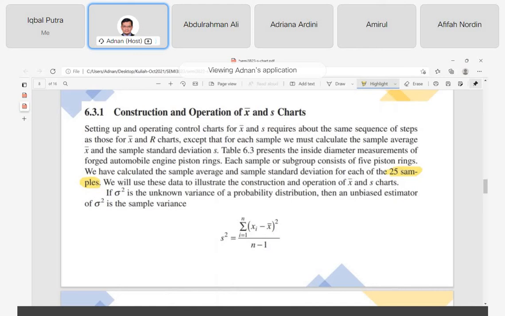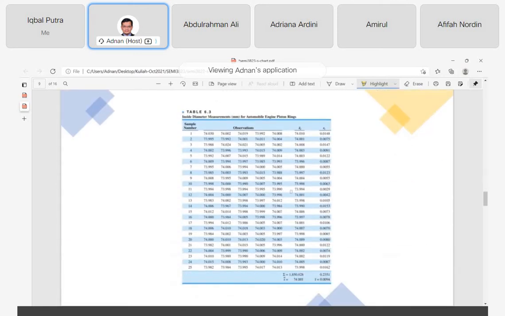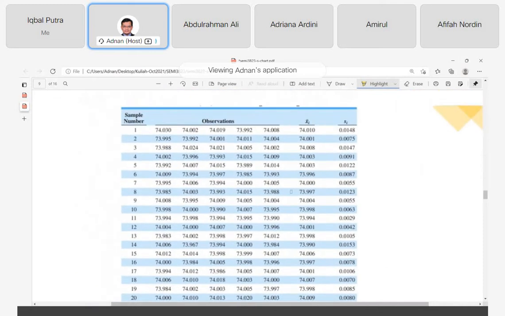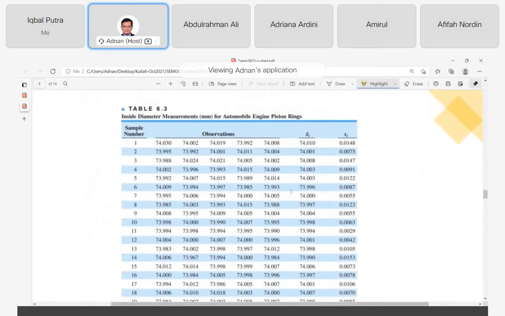Okay, let me show. I think in terms of example, maybe easier for you. Let's say this is an example of data taken: inside diameter measurement of automobile engine piston rings. So we have the sample number, which is basically the g value.